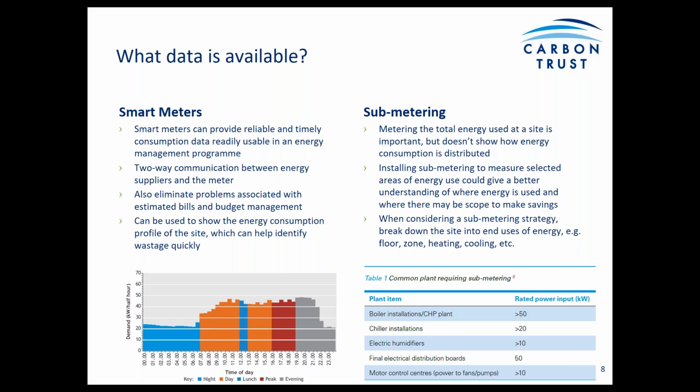Additionally, it might also be worth separating out large industrial machines or plant if you wanted to be able to drill down into the energy consumption of those specific systems and processes. And the table at the bottom of the slide here just gives some examples of typical plant that might commonly justify sub-metering.